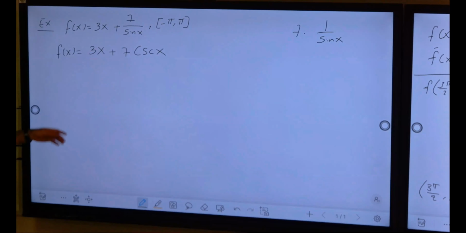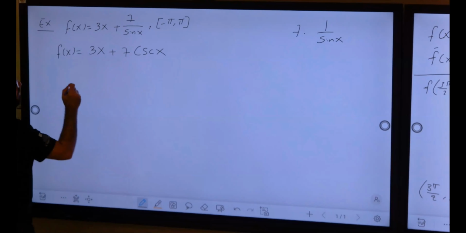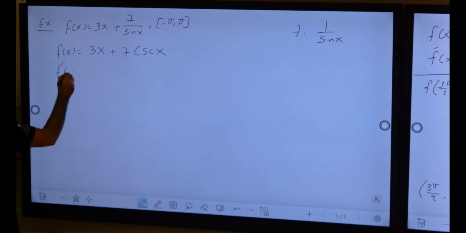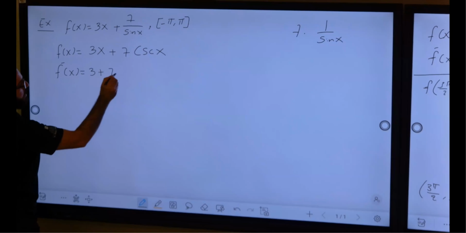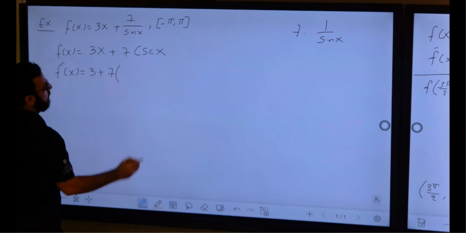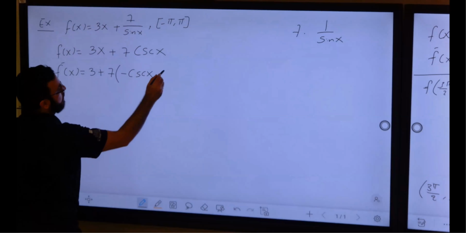You see, this is easier to work on. I'm not gonna care about the quotient rule. Now I just need to work on the derivative for this part. That means the first derivative of x equals 3 plus 7 times the derivative of cosecant. What's the derivative of cosecant? Negative cosecant x cotangent x.